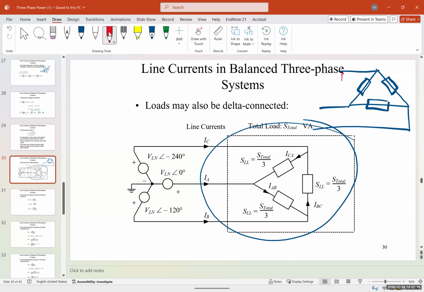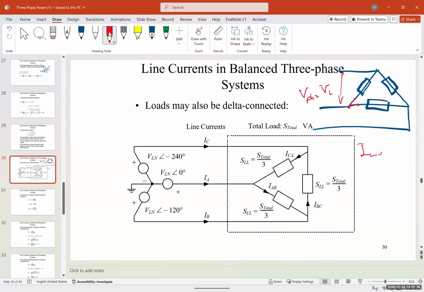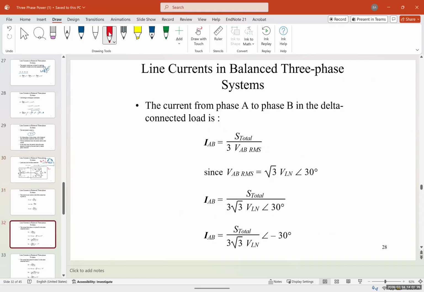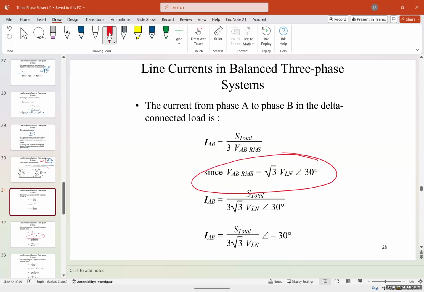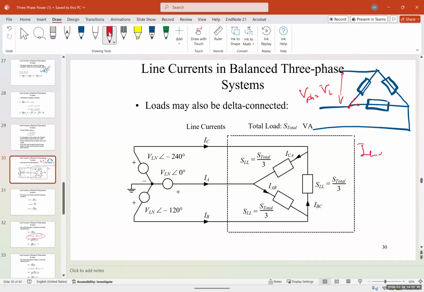In a delta connection, V phase is equal to V line. But I line is equal to square root of 3 I phase.